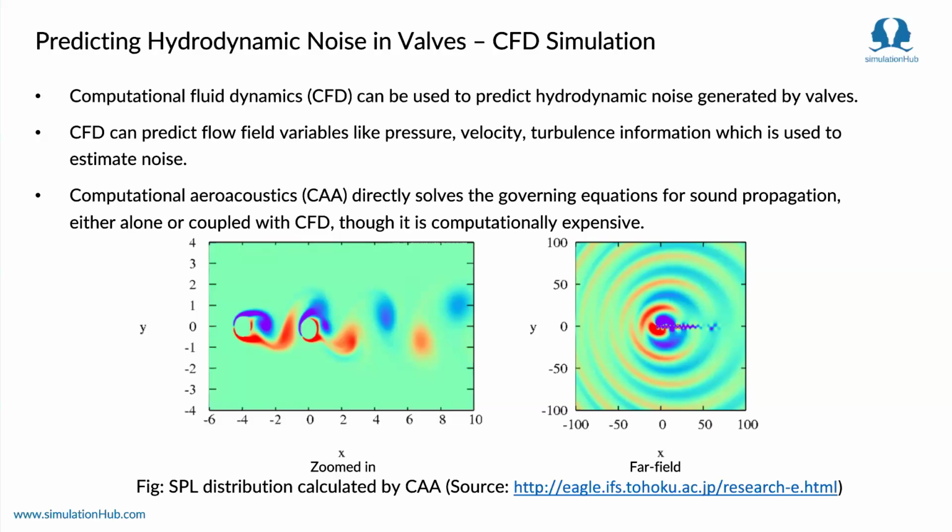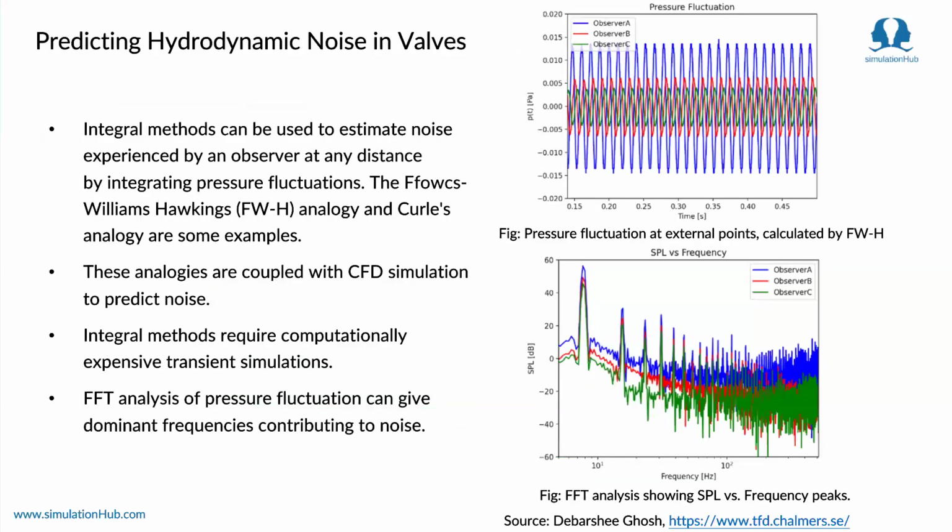So it takes a lot of time to run these simulations and to extract the noise. But this is hands down the best method that you can have to predict noise. It could be your broadband noise, or even the noise that is getting propagated in the domain, irrespective of where the observers are. All of these things can be done with computational aeroacoustics. The caveat is it's very complex and time consuming.